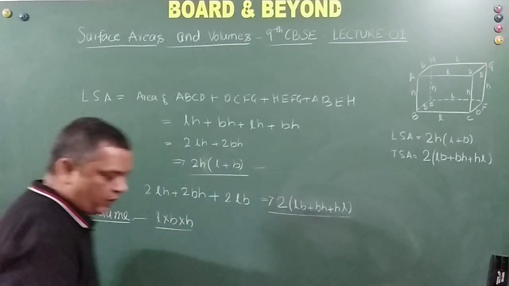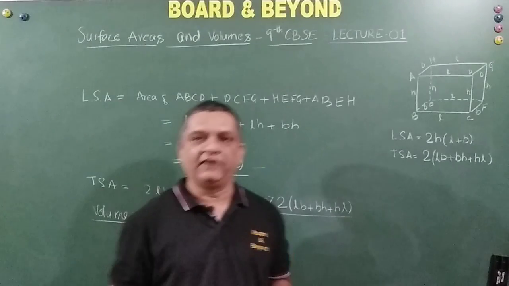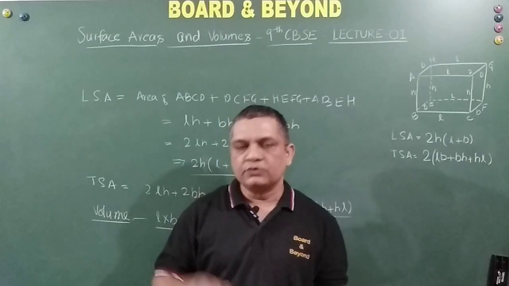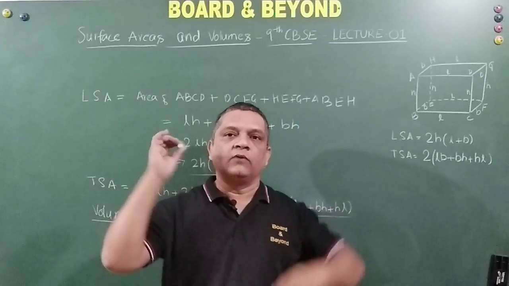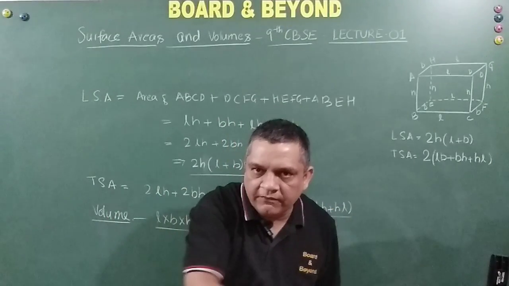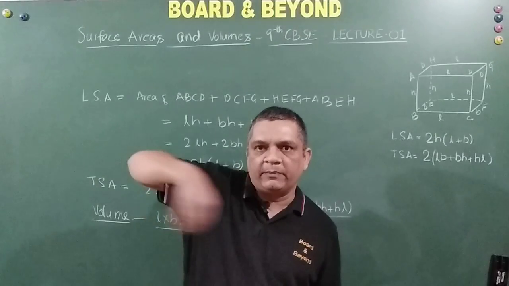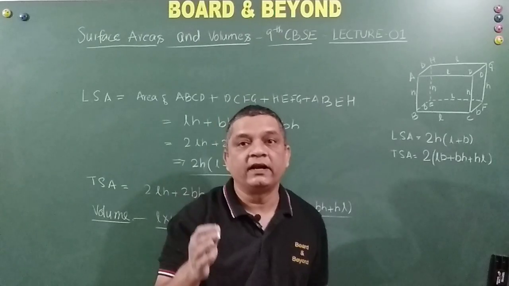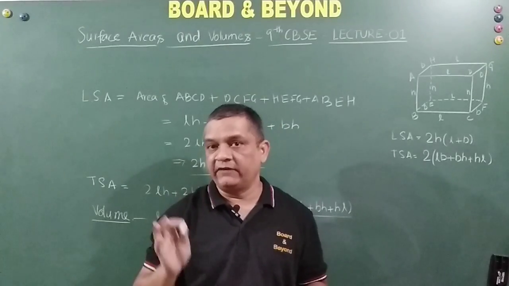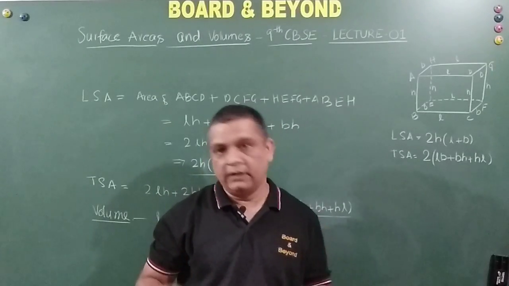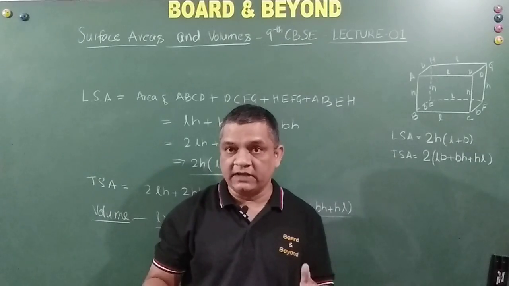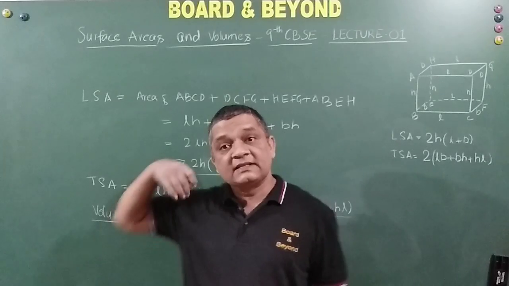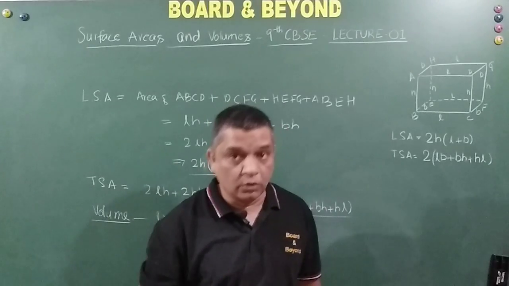So what happens is, volume of any solid figure, if it is an open container or if it is a solid figure, in majority volume of a solid figure is nothing but area of the base into height. That is the volume, provided that it is a regular shape, right, friends? Cylinder, cuboid, cube, all these are regular shapes. That means your height is standard, it is vertical, but the same cannot be applied for a cone, right?